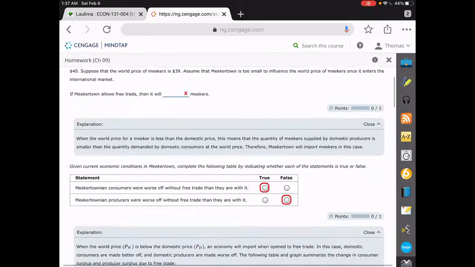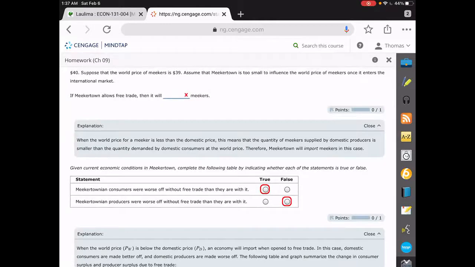And then these conditions, as we compare them, yes, the consumers would have been worse off without free trade because they would have been stuck paying 40 when in fact the cheaper price was 39. And as for producers, the domestic producers in Meekertown are worse off with the free trade.